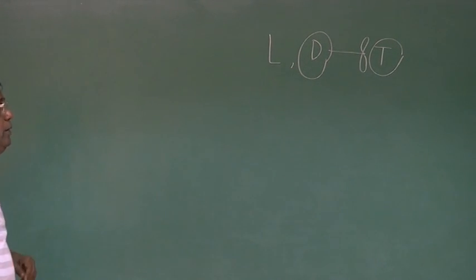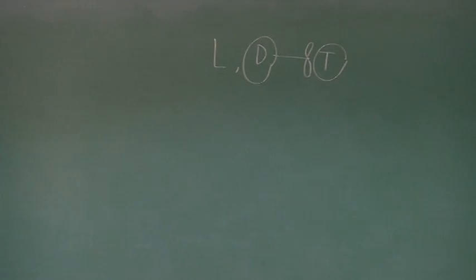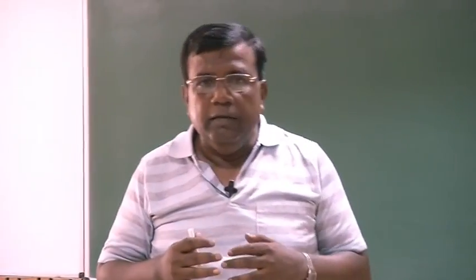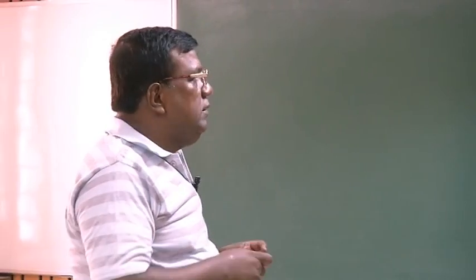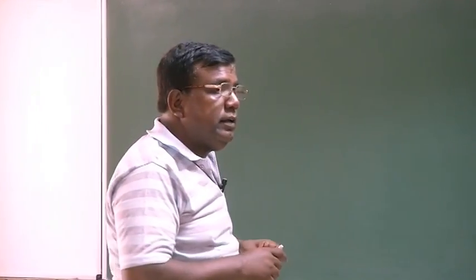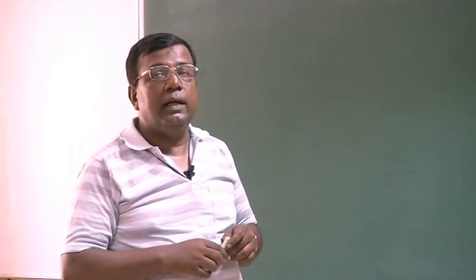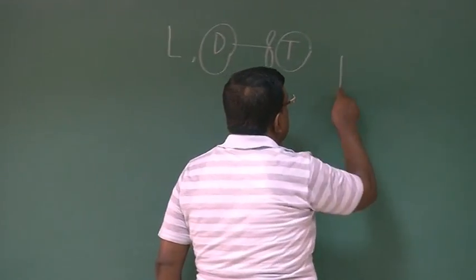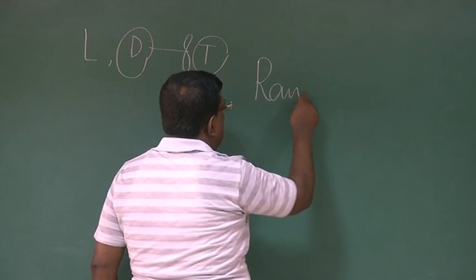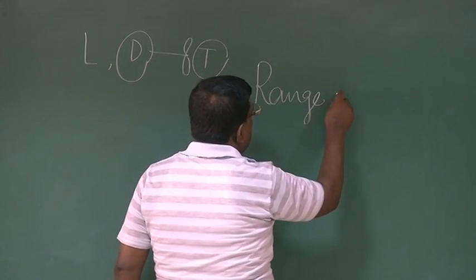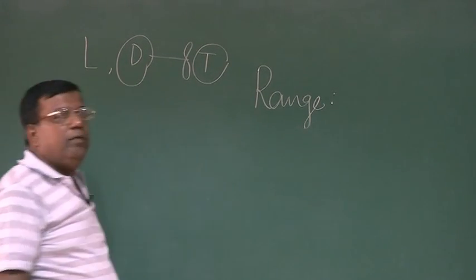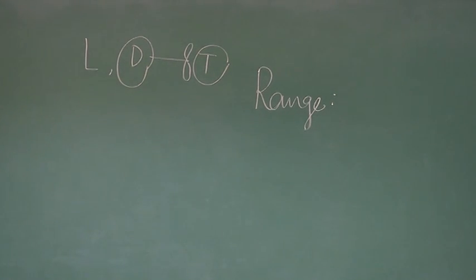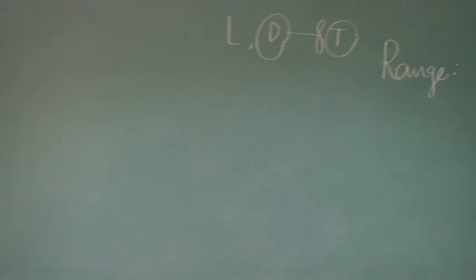Now we are coming one step closer to investigating some parameters of the engine which will finally affect the overall performance of the airplane. For example, if I am talking about the range of an airplane, what do we mean by range? It is the maximum distance it can travel for a given tank full of fuel.